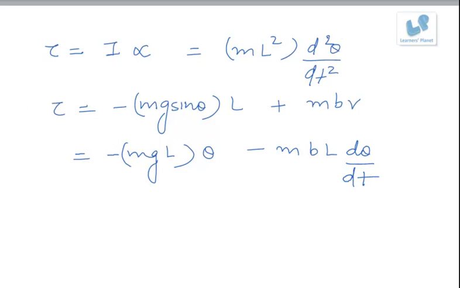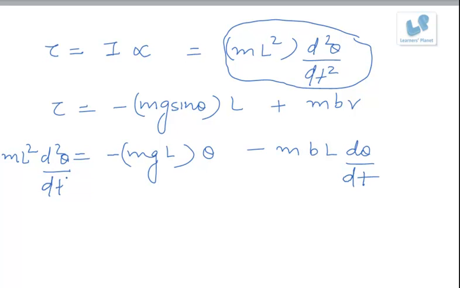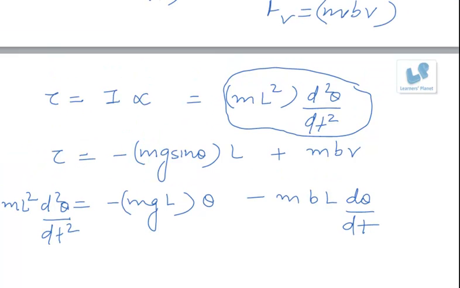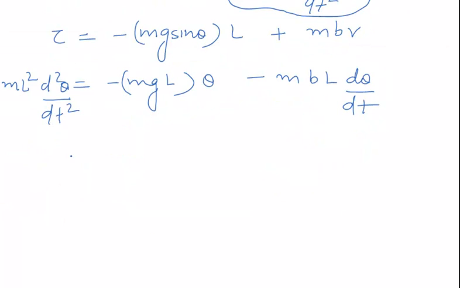Now this torque can be substituted by this expression, m L square d square theta by dt square. Now in this expression m cancels out, and here this force we have not multiplied with the L, so this will become L square.